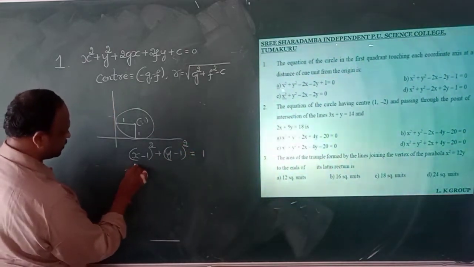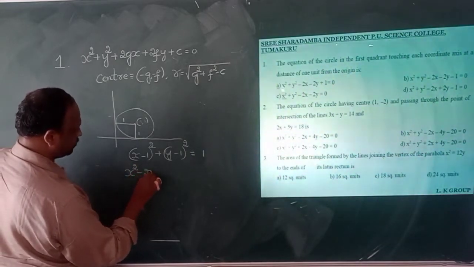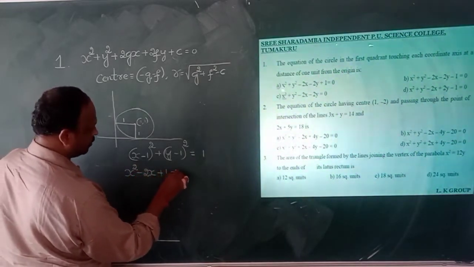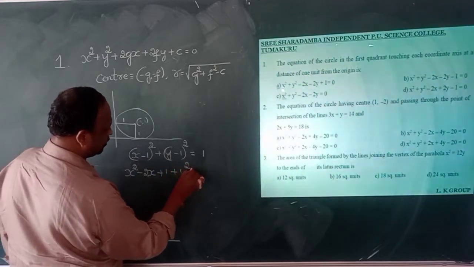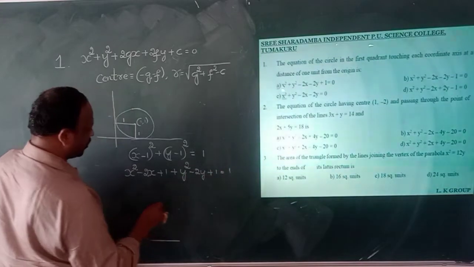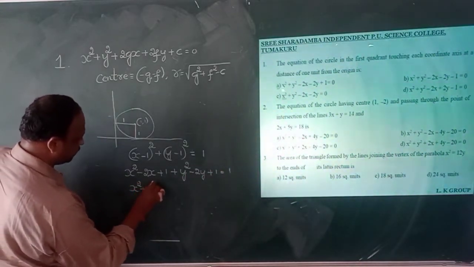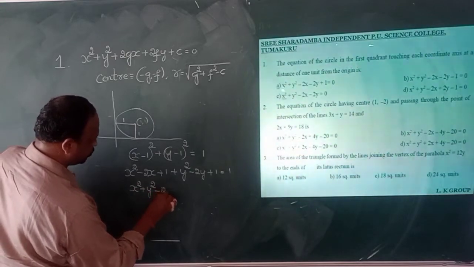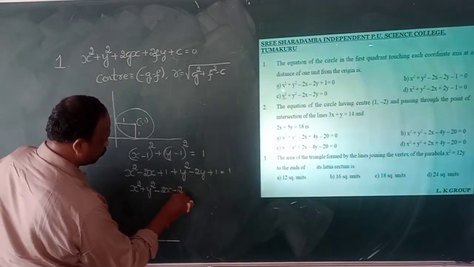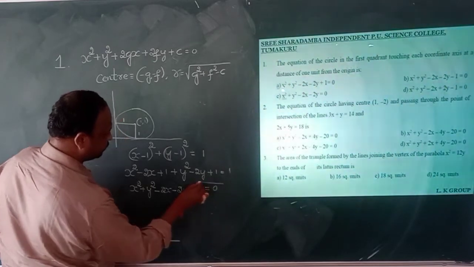If you expand this, you will get x square minus 2x plus 1 plus y square minus 2y plus 1 is equal to 1. So that is x square plus y square minus 2x minus 2y plus 1 is equal to 0.